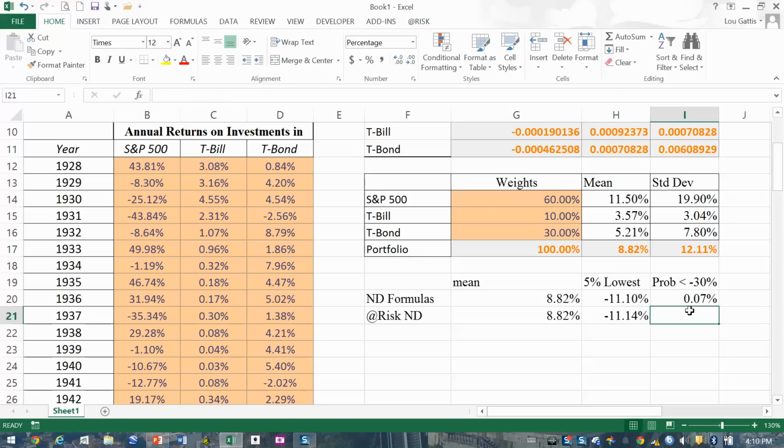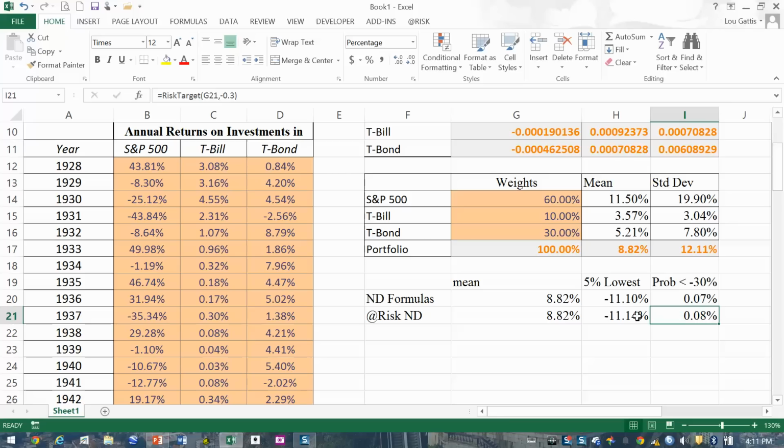And if I say equals RiskTarget, click on an output, comma, minus 0.3, it'll tell me that is a 0.08% chance of a 30% loss or more.